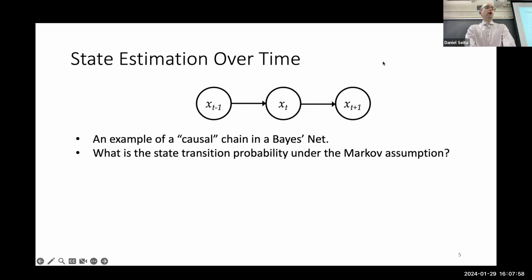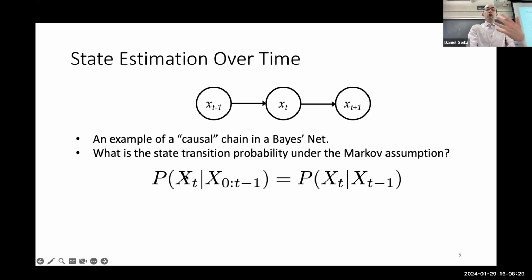And we are also going to be making the Markov assumption when we talk about state as well as other information here. That basically means you just need to know the information of the state at the current time. If you know xt, that's all it takes to make predictions about xt plus 1. So everything before that doesn't contribute to our knowledge.